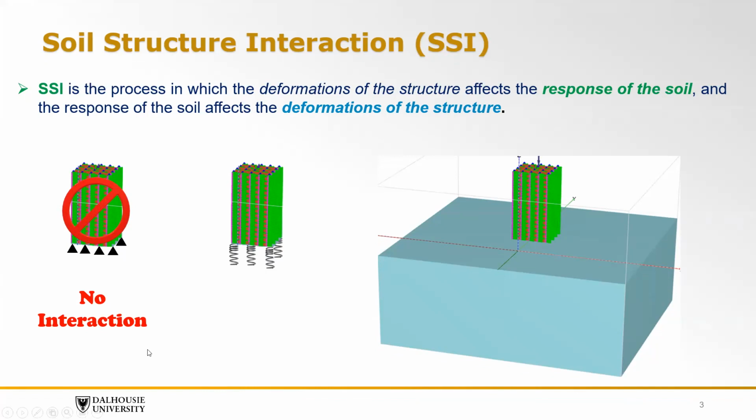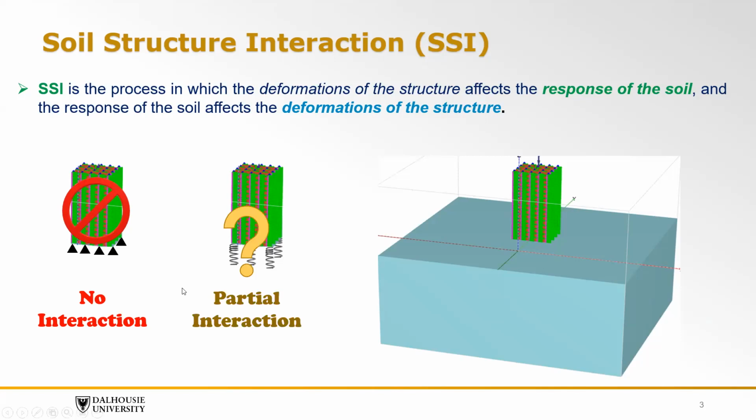Then, one step further would be to represent the soil using springs, to represent the stiffness of the soil and its effect. So again here, we didn't simulate the real soil structure interaction, we just took part of it.